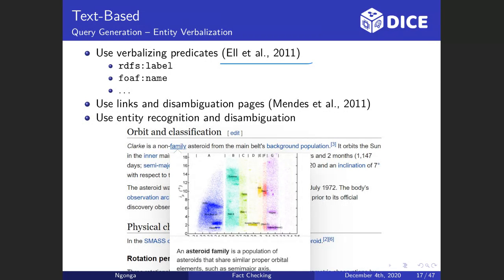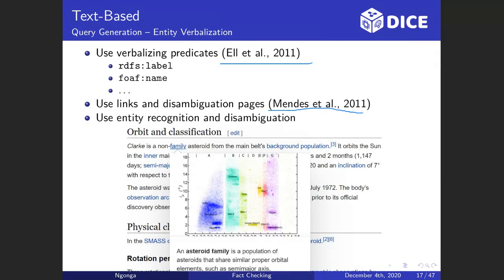What Mendes et al. also showed is that you can use a form of bootstrapping to improve that. You can use links and disambiguation pages on the web, especially on Wikipedia, to find even more labels for things. And this picture gives you an example. If you find something like an asteroid family, which would be a resource, you will find that in many cases the label of asteroid family in a lot of texts is simply family.